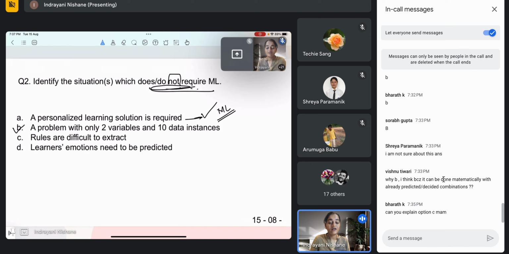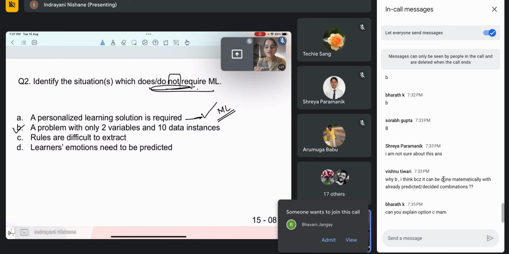When you are not able to do it, you'll be like this. This may be considered a smile in some cultural settings, but it will be seen as a sign of frustration in other contextual settings. So these are different rules which will be used to predict the emotions of a person or a learner through their facial expressions or through their actions. These rules are very difficult to extract or implement.